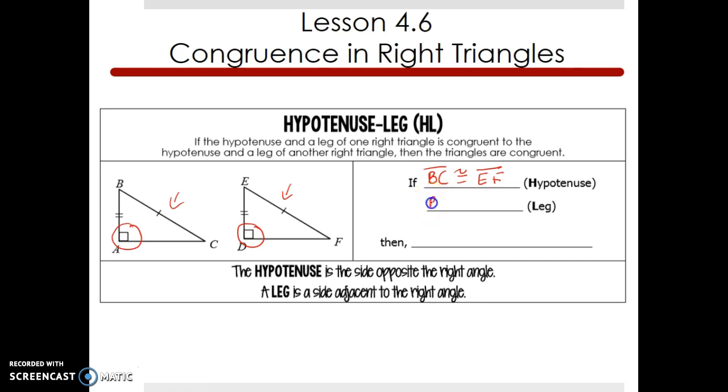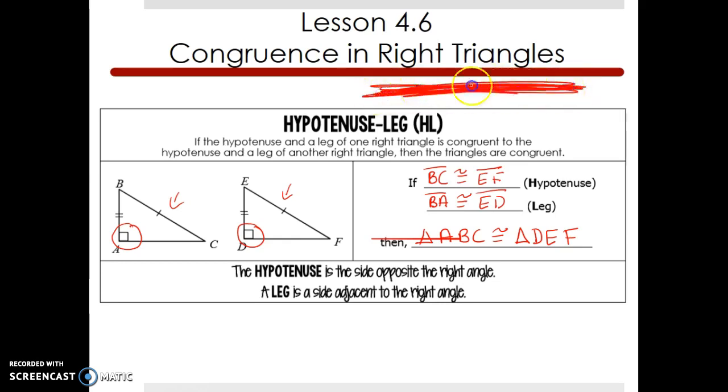So you have BA congruent to ED, then triangle ABC is congruent to triangle DEF, where A goes with D, B goes with E. Again, remember, it has to be a right triangle. I cannot stress that enough.